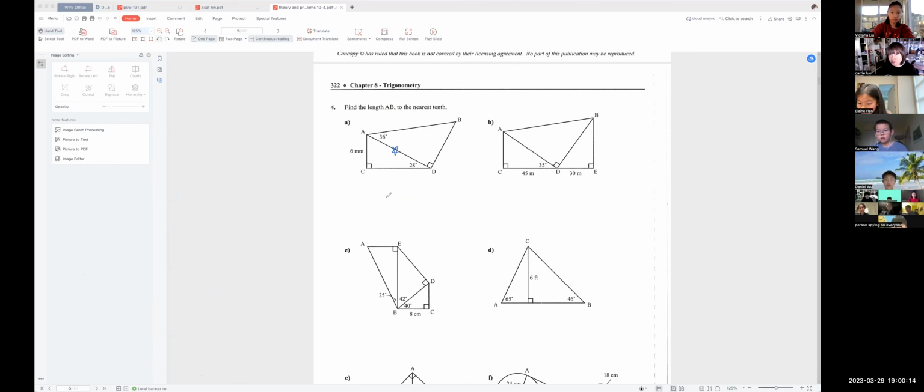It connects these two triangles together, which we call a common line. Why isn't it called a common side? Yeah, you can say common side as well. For triangle ACD, AD is a hypotenuse, but for triangle BAD, it is adjacent. So see, the same line, but they represent different positions and have different names.